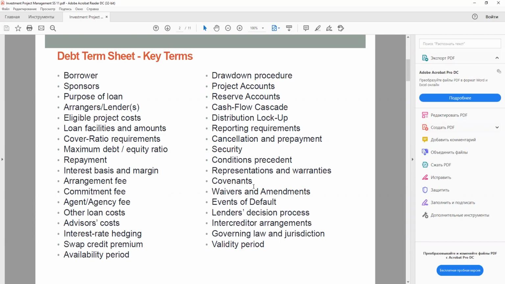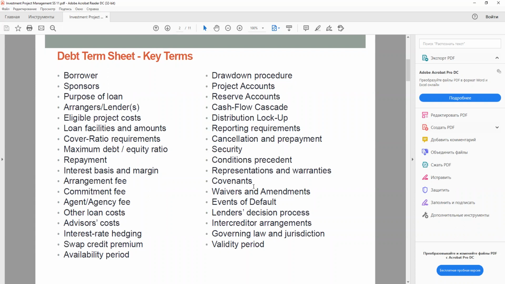The terms and conditions usually covered by the term sheet are listed in this table. I will not repeat all these key terms, but please use this table as a reference when we discuss anything or when you come across some terms in the spreadsheets in your professional life.